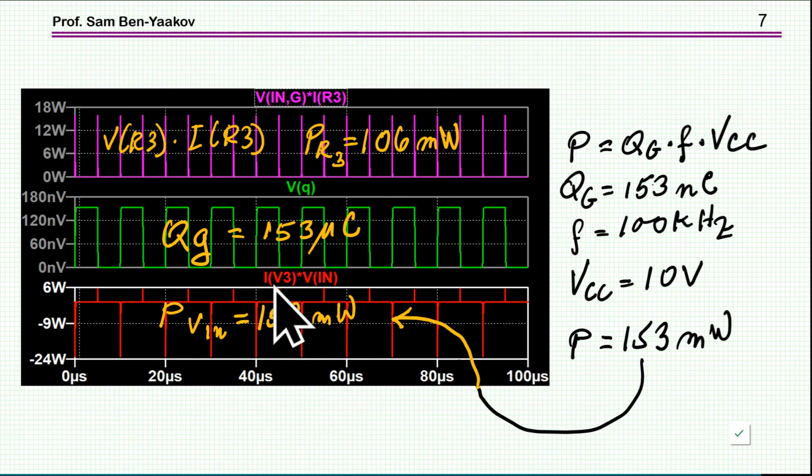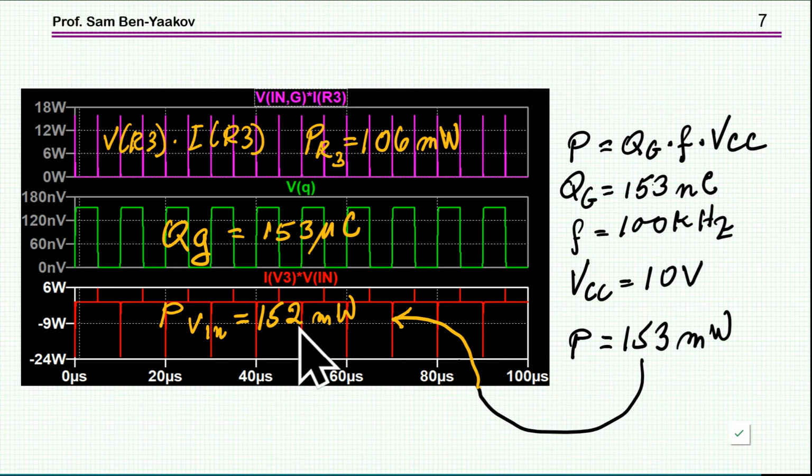Here it is. This is the current of the source, and this is the voltage of the source. By using the LTspice averaging option, I'm getting that the average of this is 152 milliwatts. Now, if I do the calculation the other way around, I know the gate charge, I know the frequency, 100 kilohertz, VCC 10. These are the values, and what I'm getting from this calculation is 153, and this is 152.